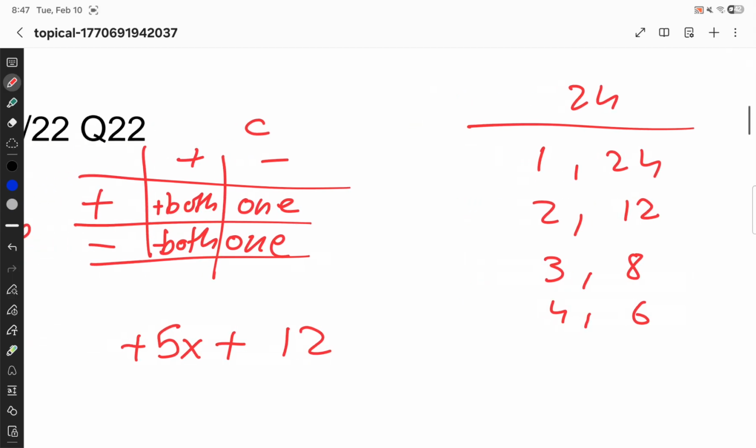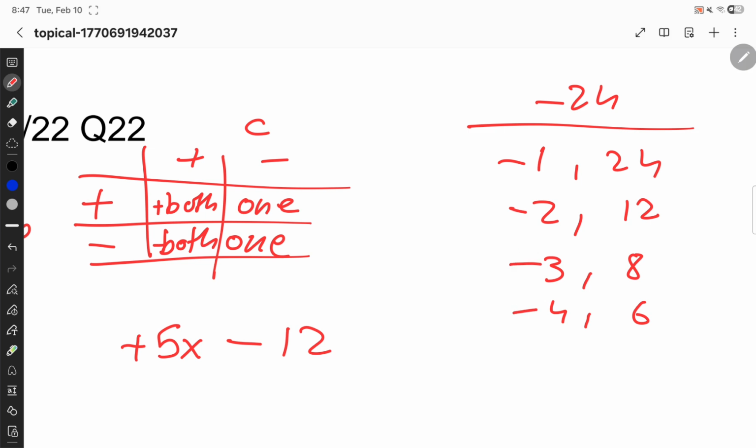Now this is an impossible case, but going on, if this last term is negative, obviously this multiplication will be negative, and for multiplication to be negative, only one row needs to be negative.